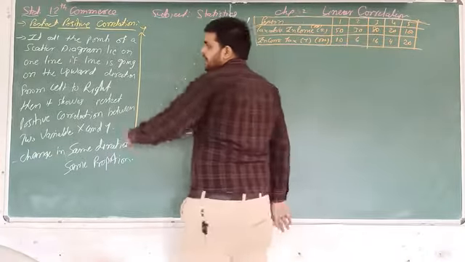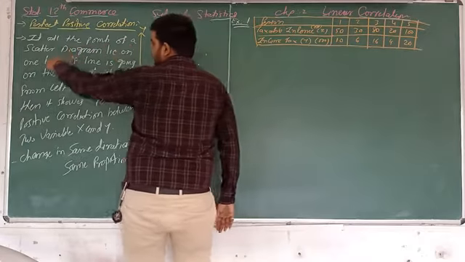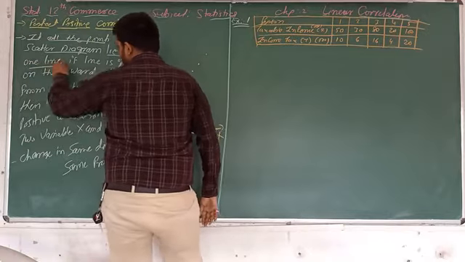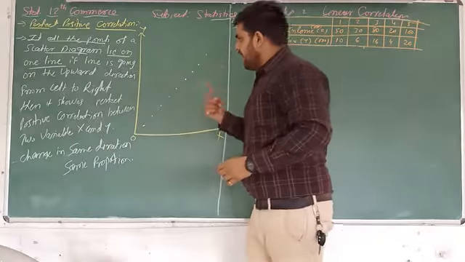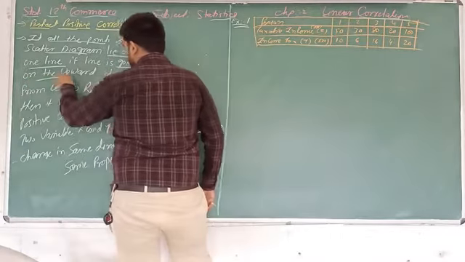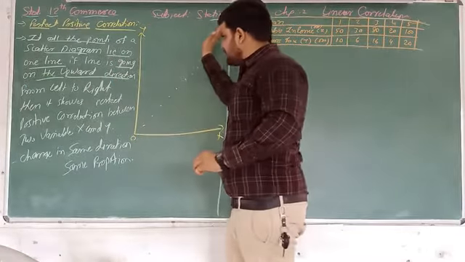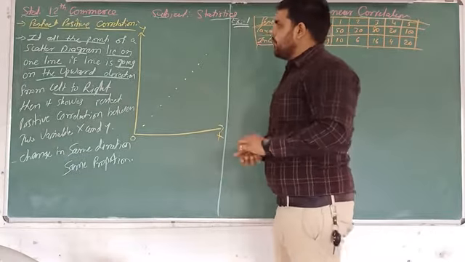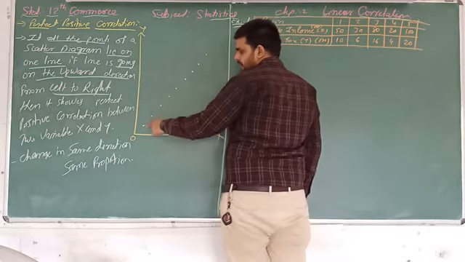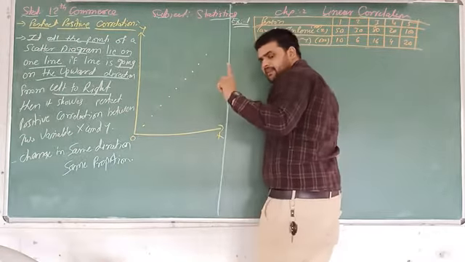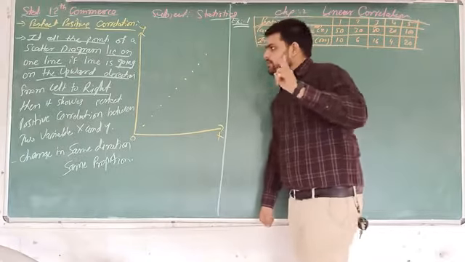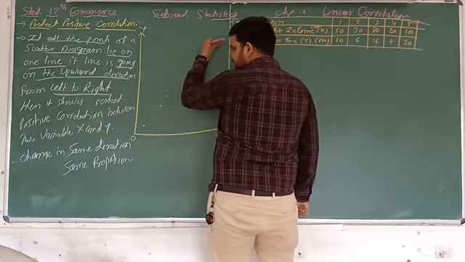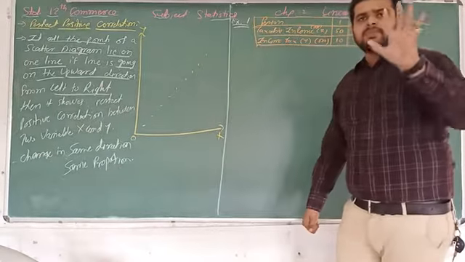If all the points of a scatter diagram lie on one line and it is going in an upward direction from left to right, condition number 1 is that the points lie on one line, and condition number 2 is that it is going in an upward direction, like the law of supply.